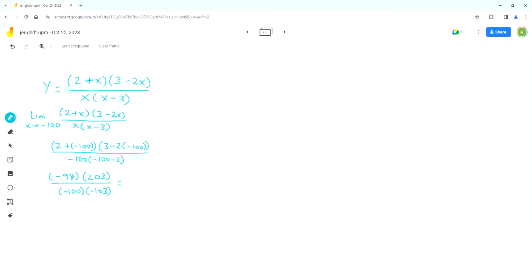So I got negative 1.93, which is greater than negative 2. So that means the curve approaches the horizontal asymptote from above on the left side.